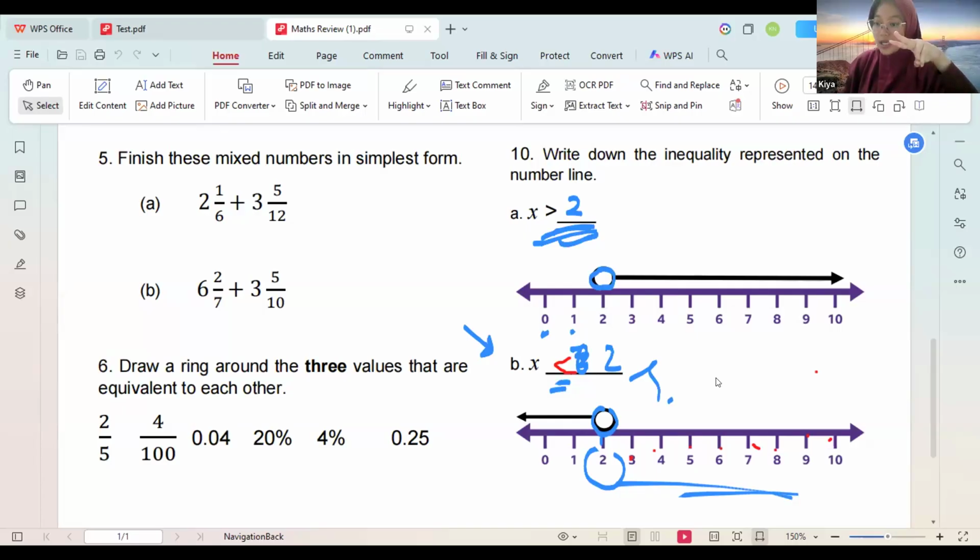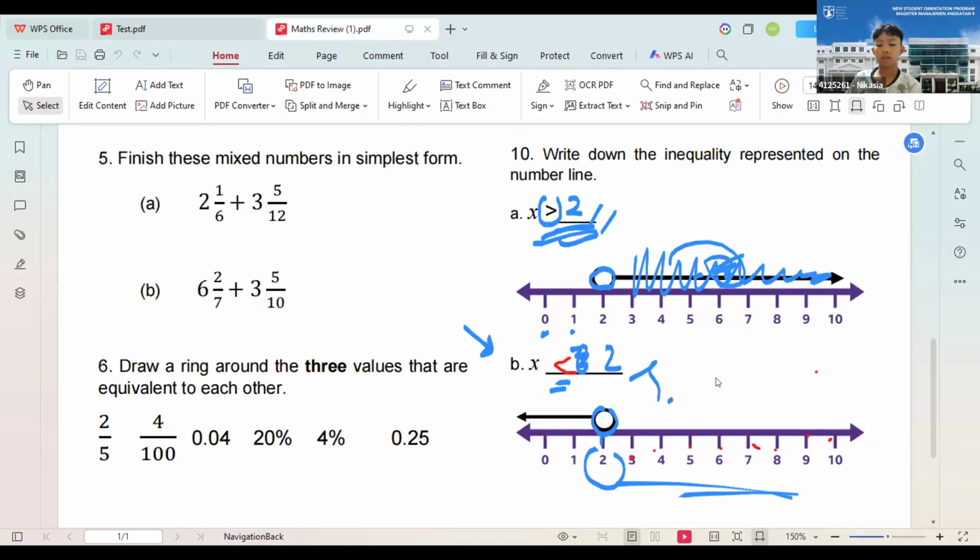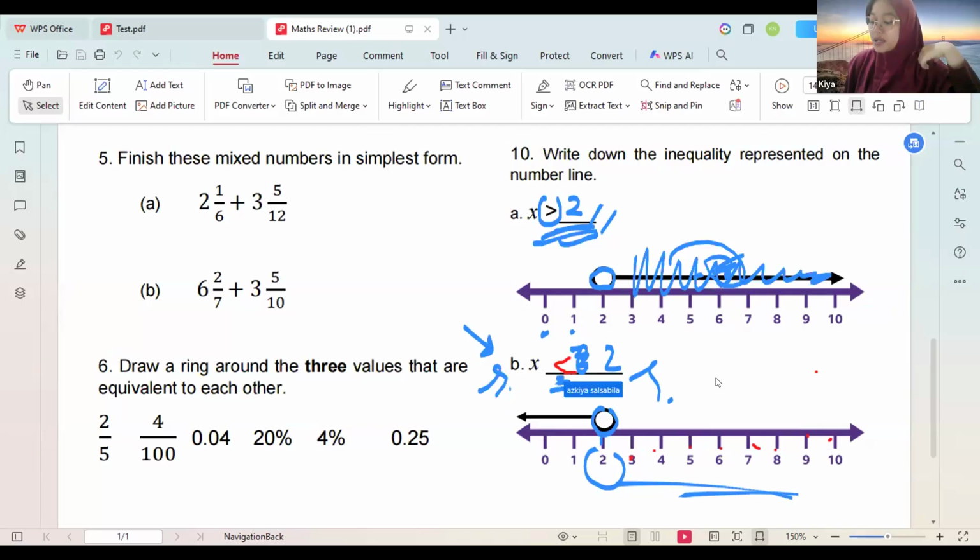The sign of the inequality is correct because all numbers are greater than 2. And this one is also correct because all the numbers here are less than 2. Don't forget to use the number where the circle appears. Is there any question?